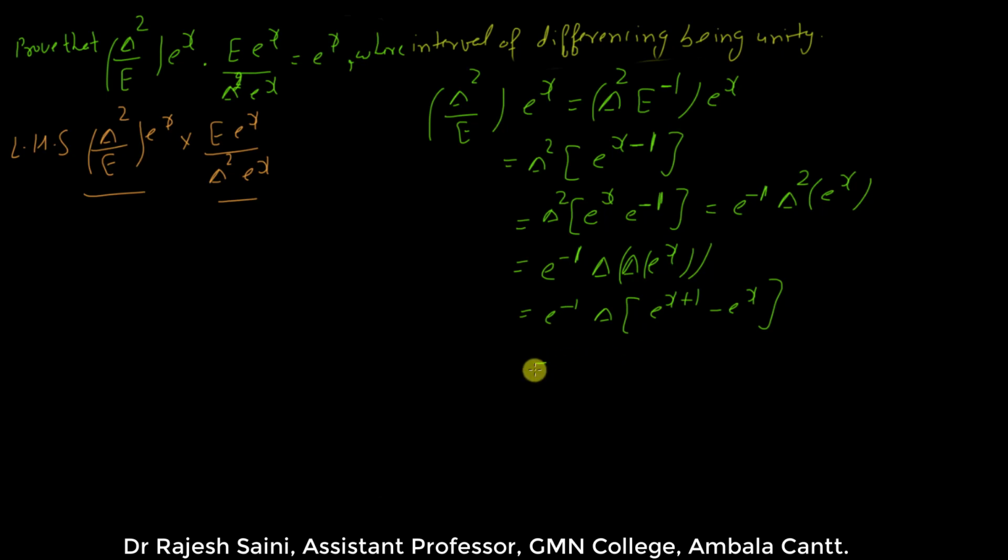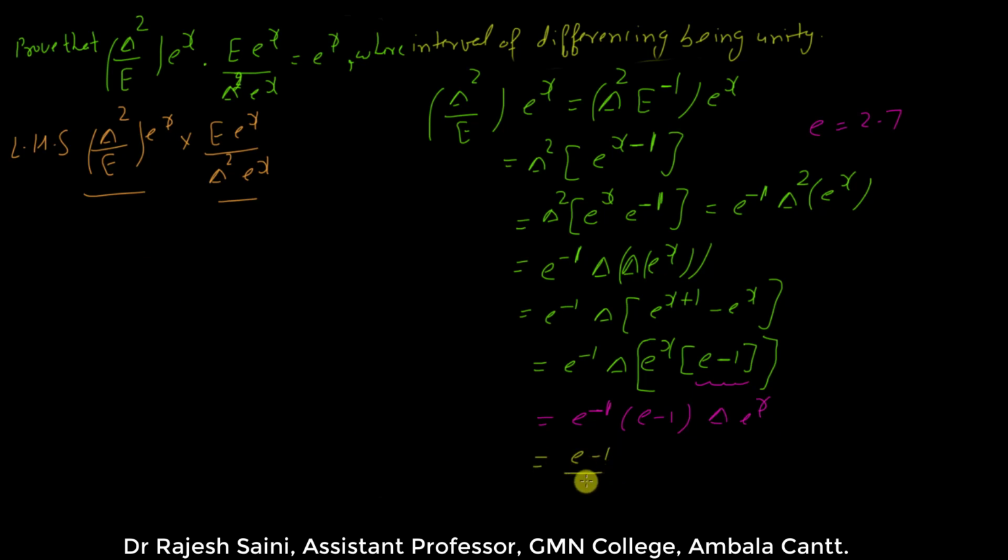So this will be delta of e^x (e minus 1). This quantity is again constant because e is a quantity which has a value of 2 point something. So this will be (e minus 1) delta e raised to the power x.